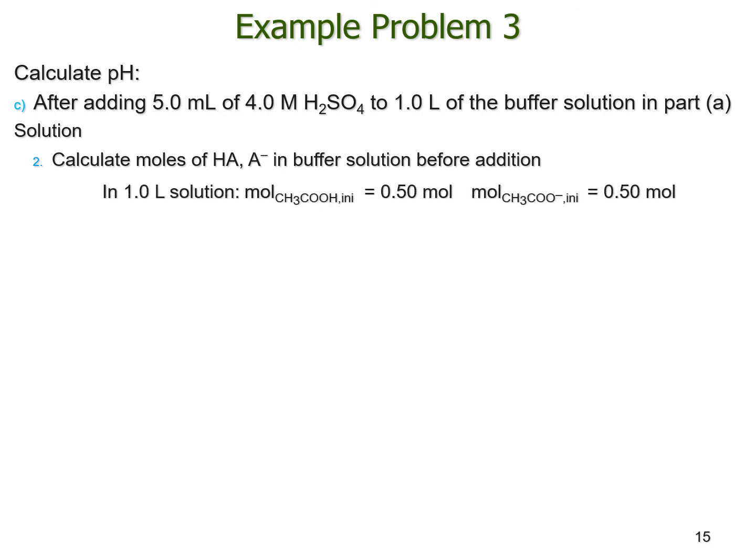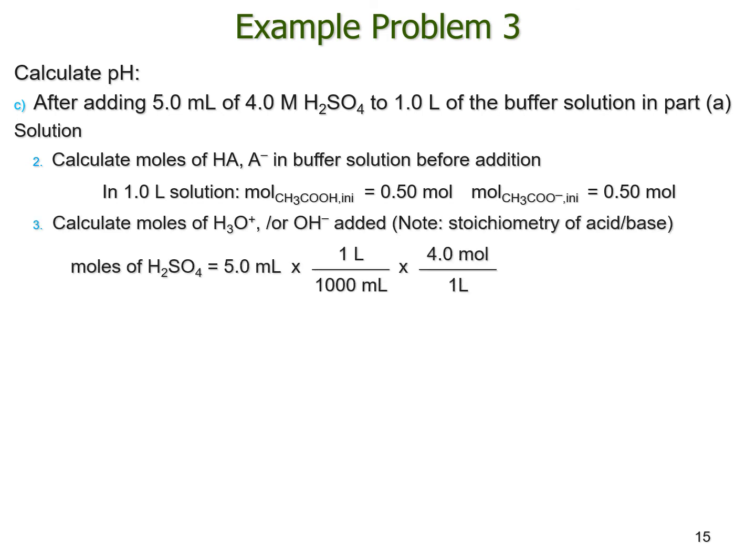So now we understand it's going to be 0.50 moles for each component of the pair of conjugates. And we do not know the moles of H2SO4 directly from this question, but we are given concentration and volume.